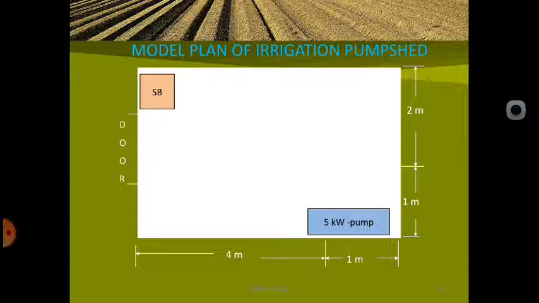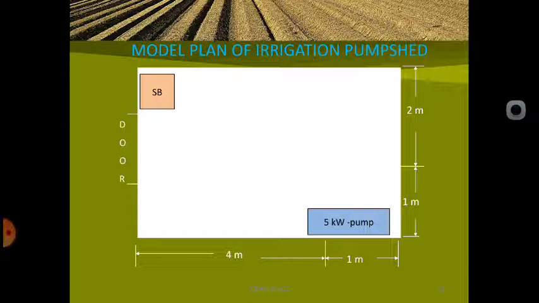So we have to keep some distance for good ventilation. We have to place this 5 kilowatt pump 1 meter away from the width and length walls. Let us assume we are going to place one plinth where we are going to install our 5 kilowatt 3-phase squirrel cage induction motor. So this is the idea.